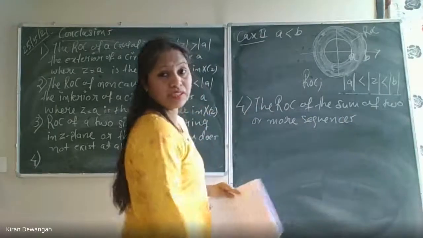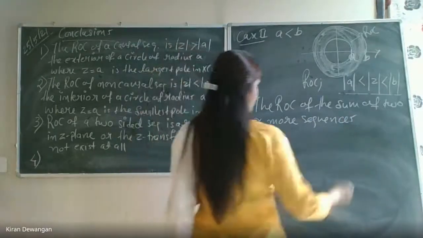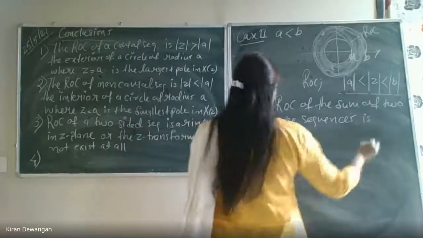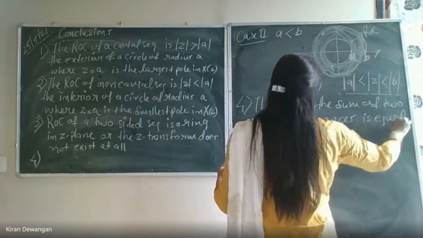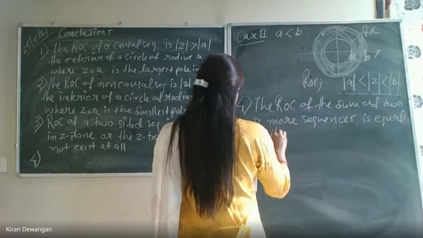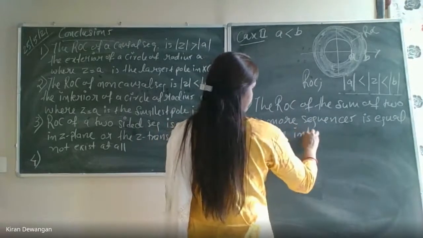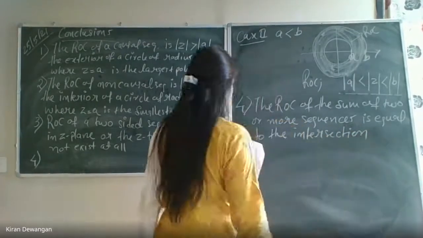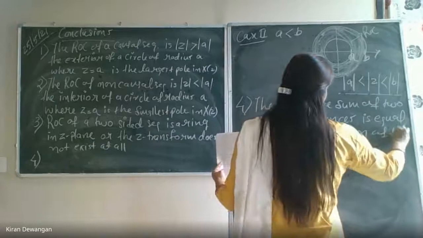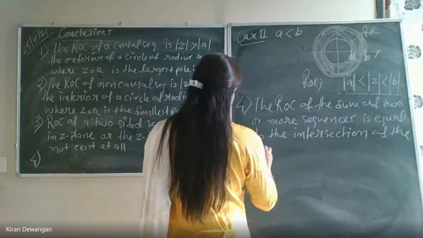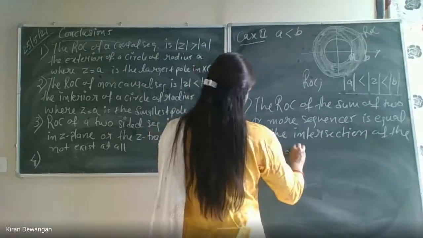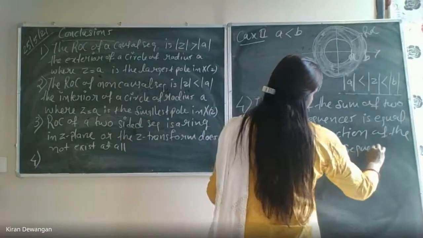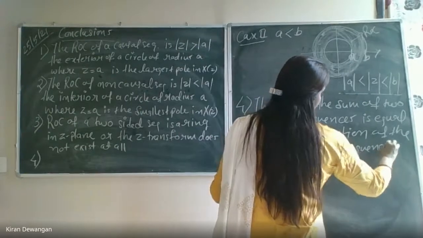As we have already seen, if two or more sequences are present together, then the ROC is equal to the intersection of the ROCs of those sequences.